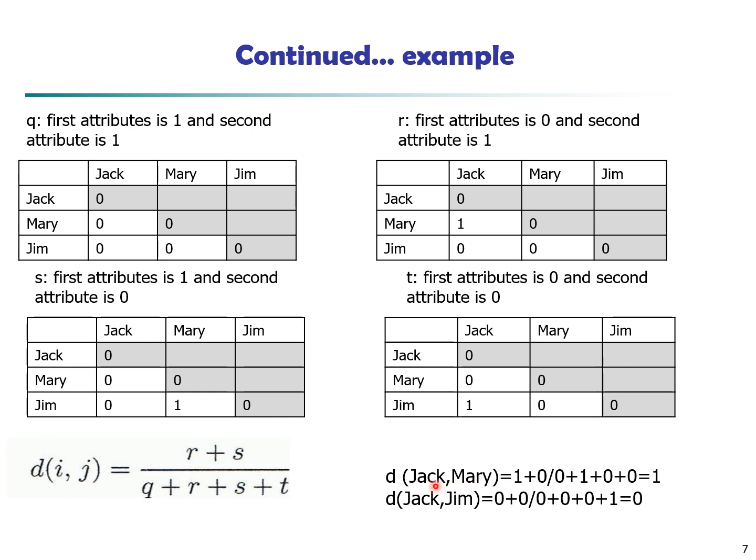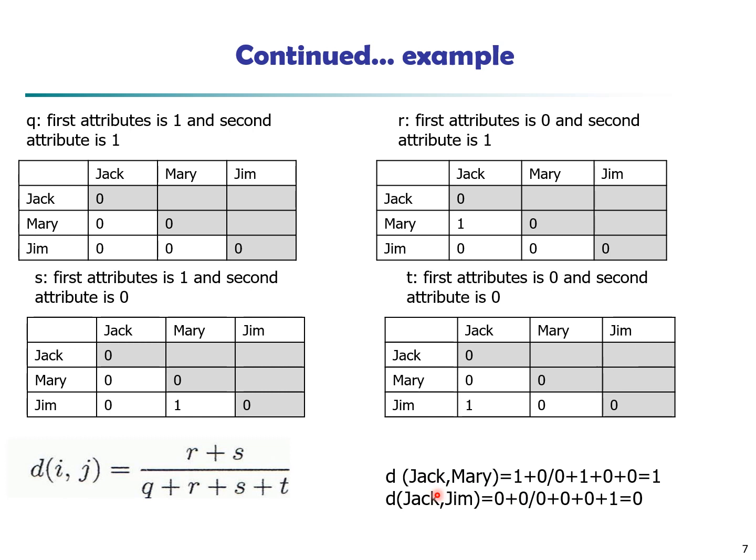So between Jack and Mary, it's R, which is here, 1 plus 0, which is S, divided by Q, which is 0, plus 1, which is R, plus 0, which is S, plus 0, which is T. So it's going to be 1 over 1, and the answer will be 1.